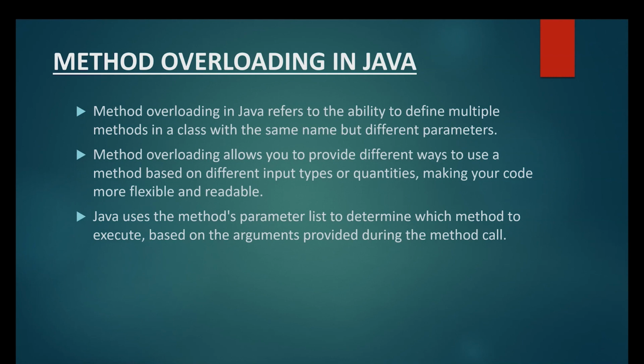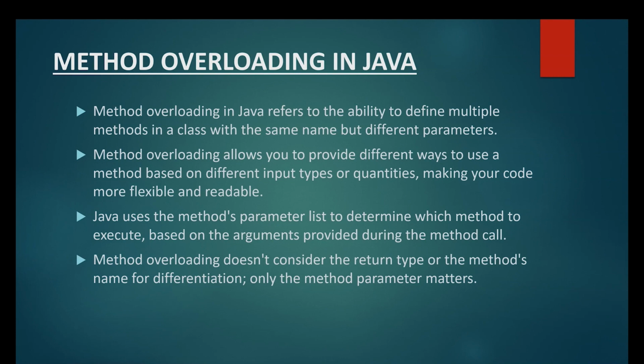The last point about method overloading is that the return type of the method doesn't matter here. In method overriding, return type matters, but in method overloading, return type doesn't matter. So you may have a void return type in the m method, and in the overloaded method you may have a different return type. Okay, that we will see in the code when I explain this.